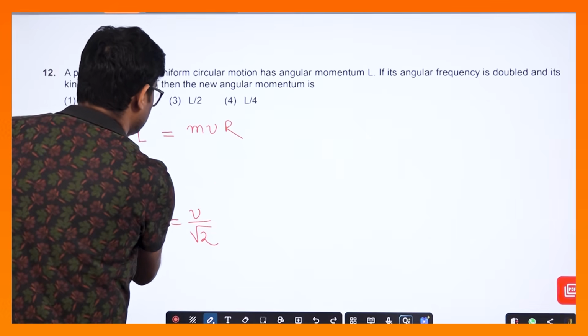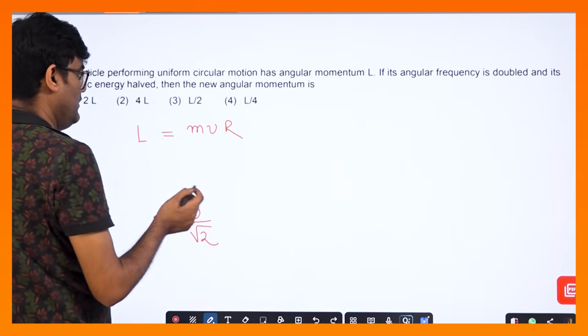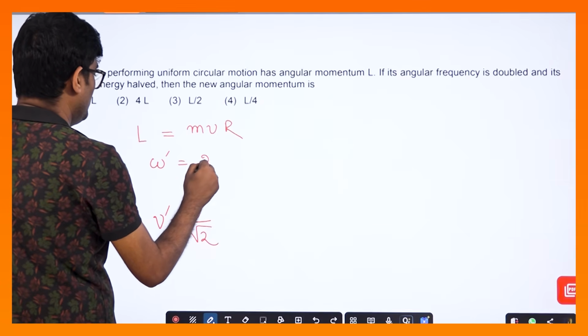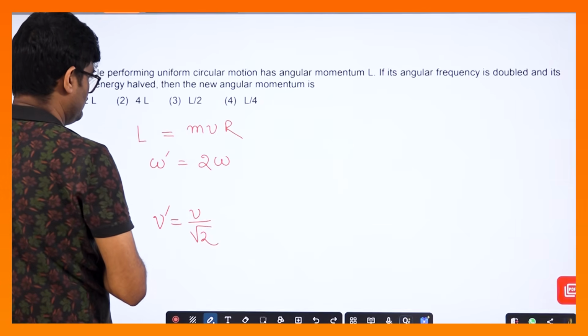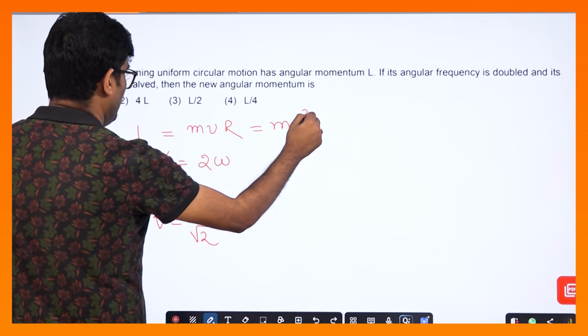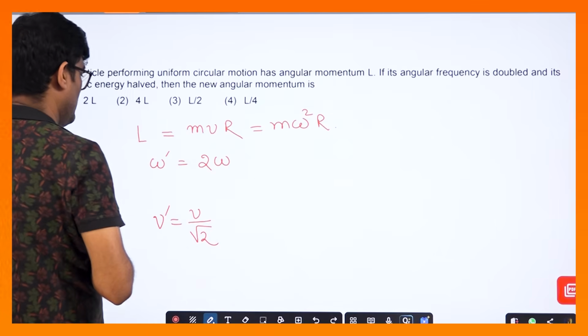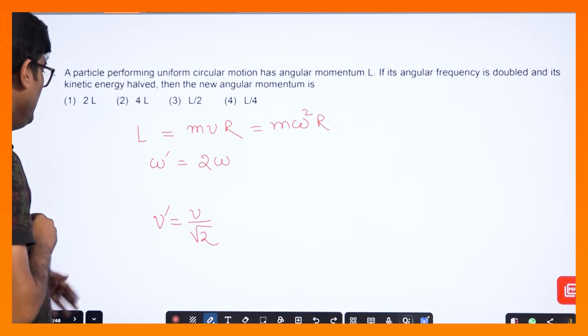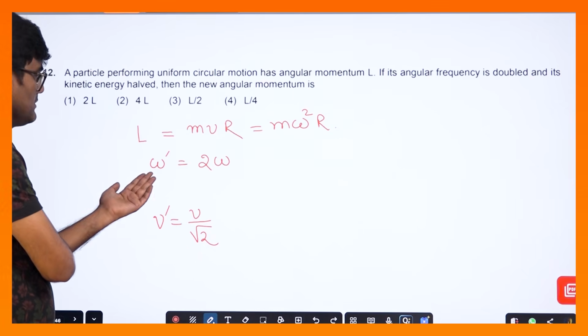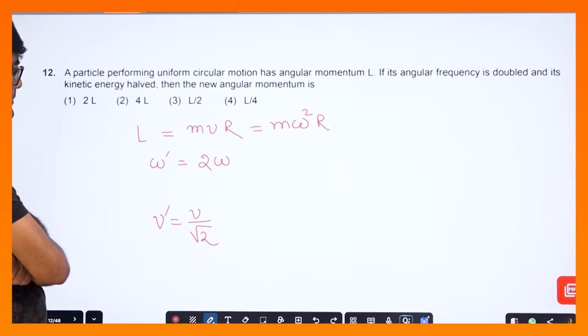And if the angular frequency is doubled, okay, angular frequency is not frequency, angular frequency is omega only. So omega prime is equal to twice omega. If you write it in terms of m omega square r, that also works fine, right? Omega angular frequency is double, that means omega prime is double the omega, and kinetic energy is halved.